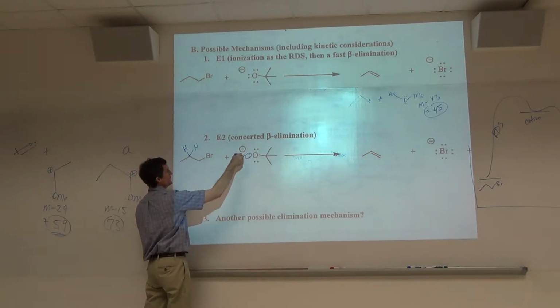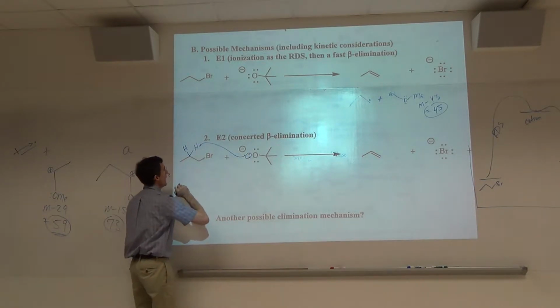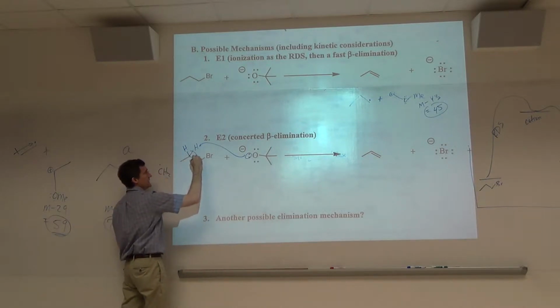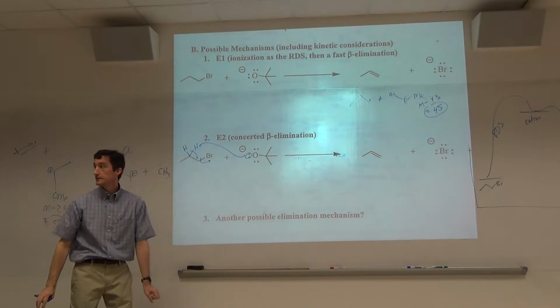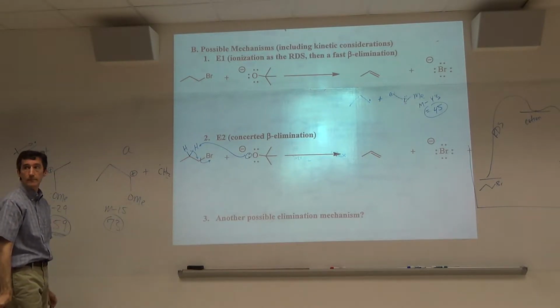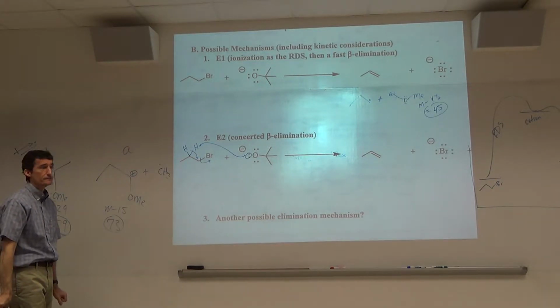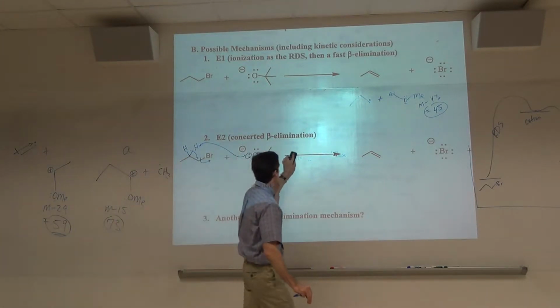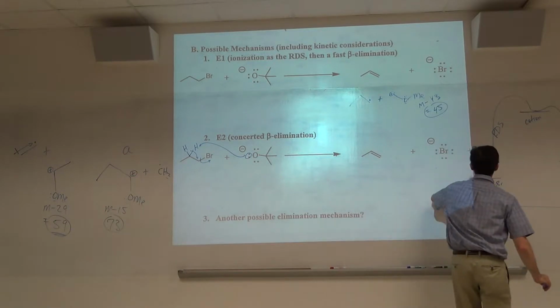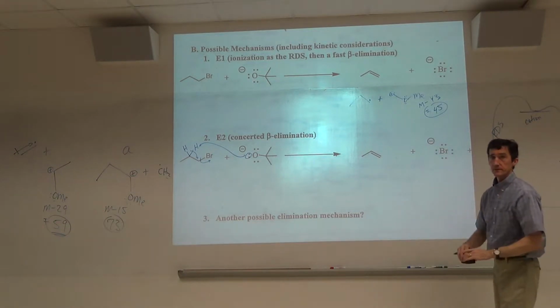What if these bond to the H, and at the same time these move in, and these get kicked off? What would all that give? Marco, what would that give?